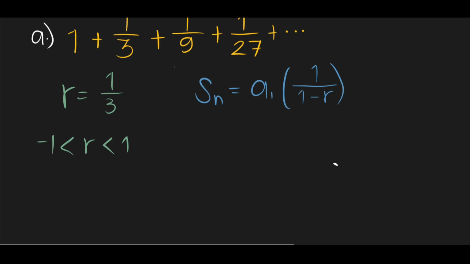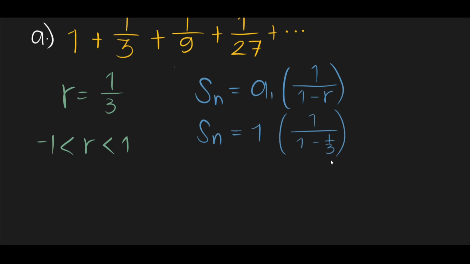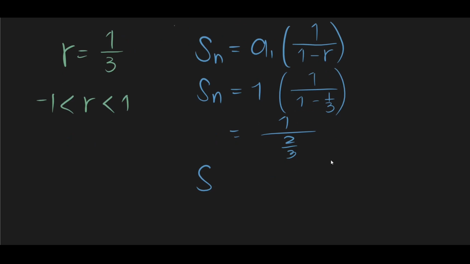Let's substitute: Sn is equal to 1 multiplied by 1 over 1 minus 1/3. So in the denominator, 1 minus 1/3 will be 2/3, right? So our Sn right here will be 3/2.